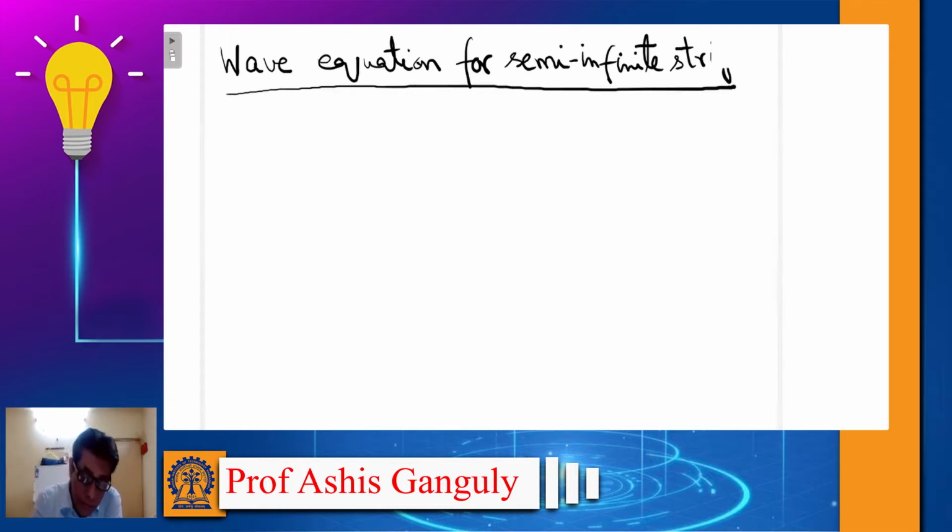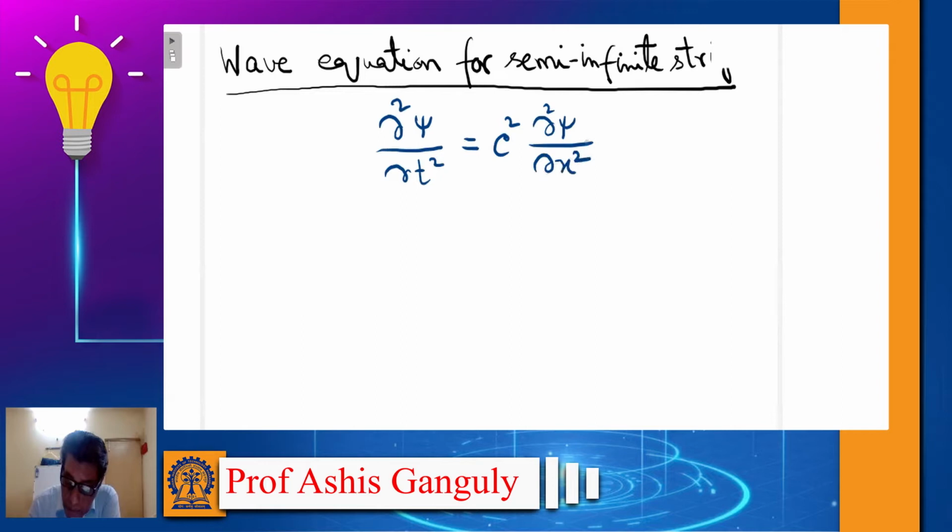First let me write down the wave equation: del square psi by del t square equals c square del square psi by del x square, where x belongs to 0 to infinity and t greater or equal to 0. Let us label it as 1a.